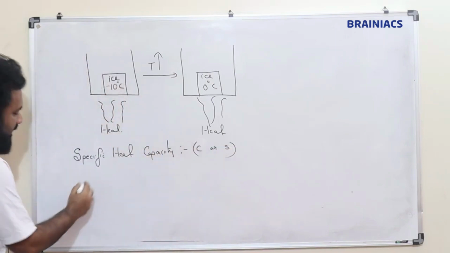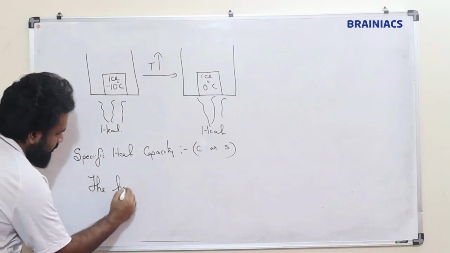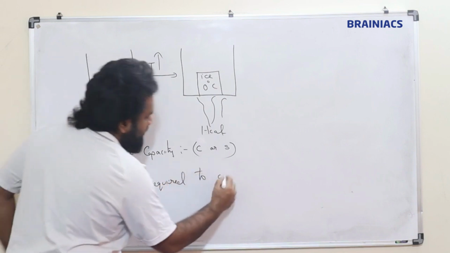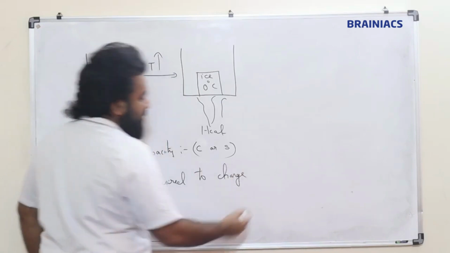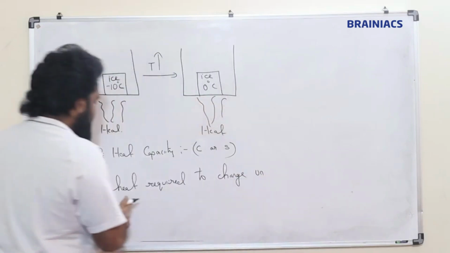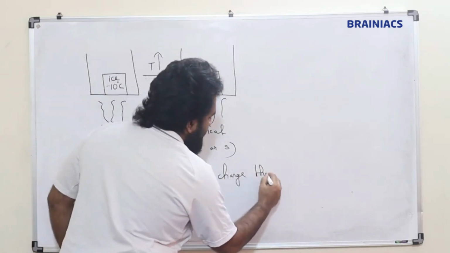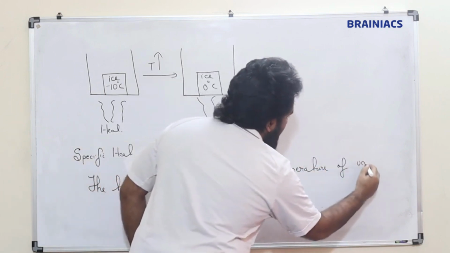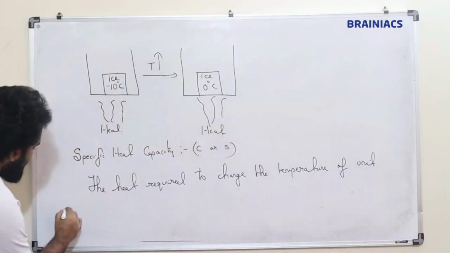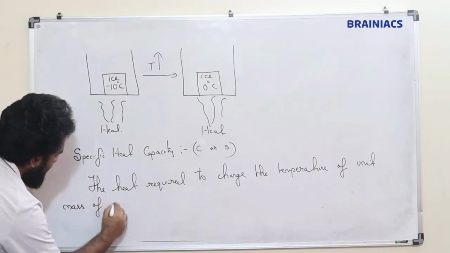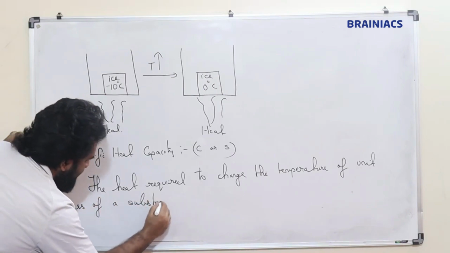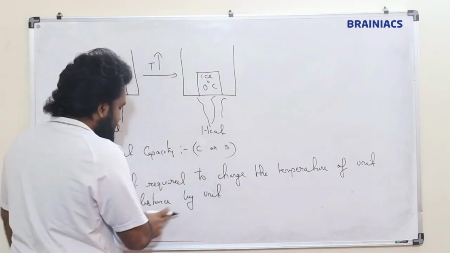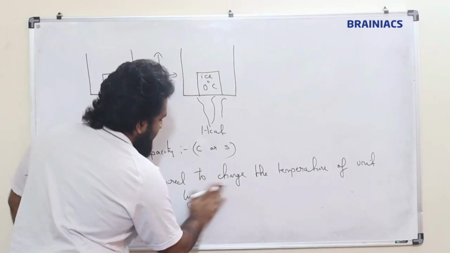What is specific heat capacity? The heat required to change the temperature of unit mass of a substance by 1 degree Celsius.